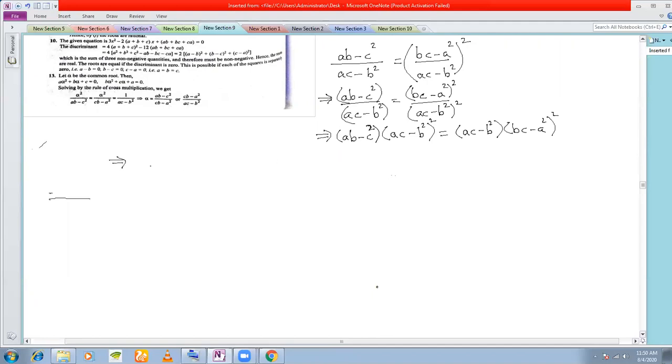Next part, I have ab minus c square into b square c square plus b to the power of 4 minus twice b square c.